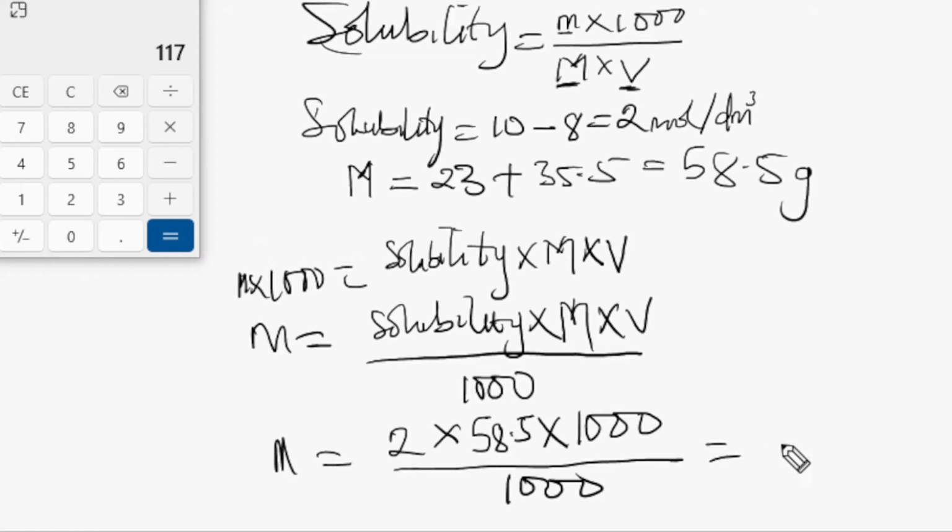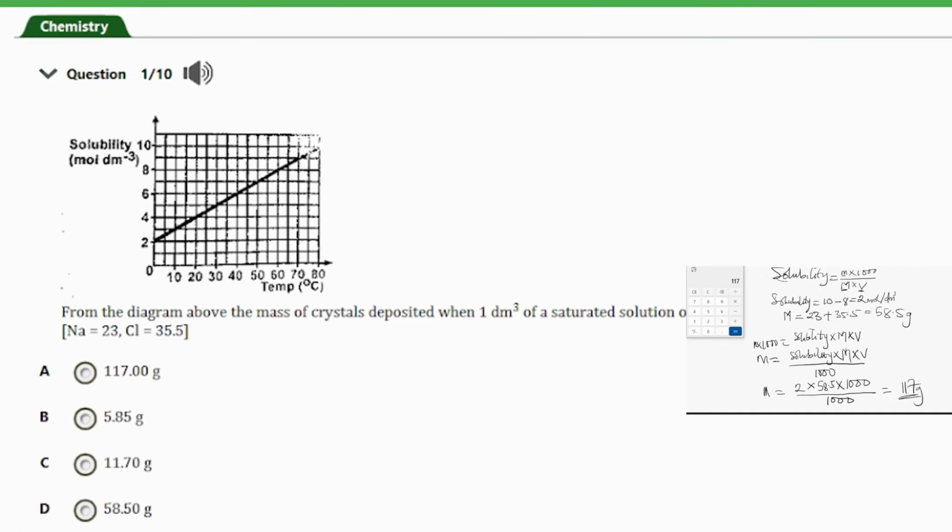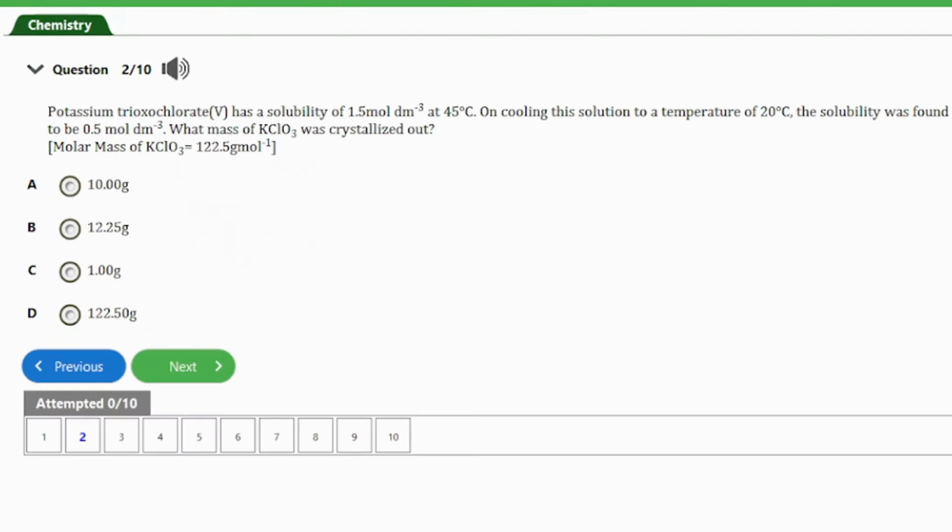So this would be 117 grams. And guys, the correct answer to this question is option A, that's 117 grams. So let's go ahead and consider the next question, guys, and that's question number 2.